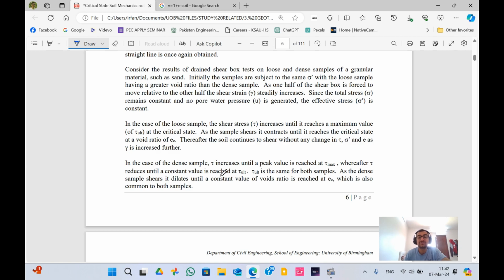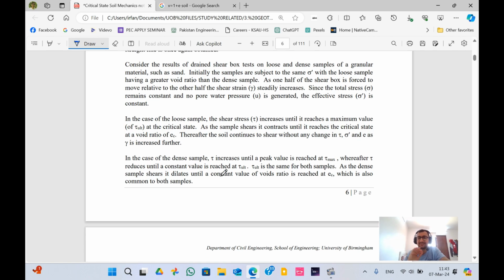Thereafter, the soil continues to shear without any change in shear and effective stress and void ratio as the strain is increased further. The critical state line is the ultimate line, meaning it reaches its ultimate capacity. After that, there won't be any change, because there is a certain point after which nothing happens.